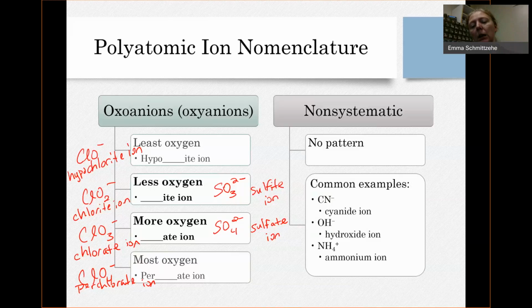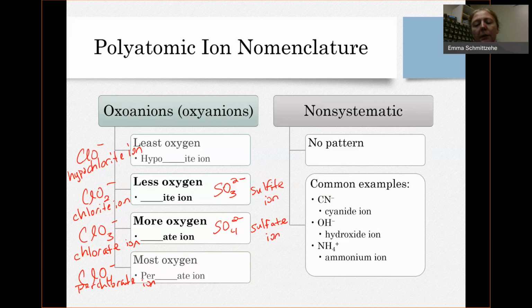So we have CN minus, that's cyanide ion. There's not really others that follow some pattern with that. There might be some other similar ions, but it's not easy to understand their names because you know that one.